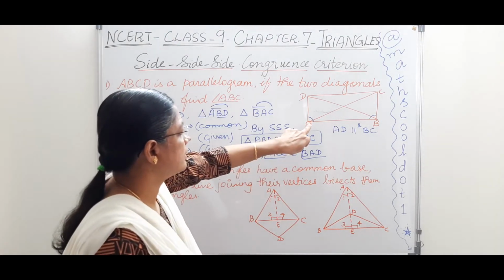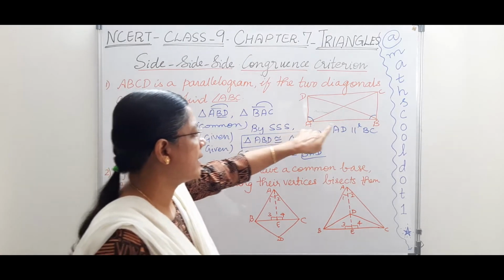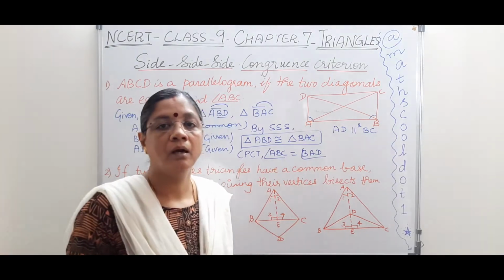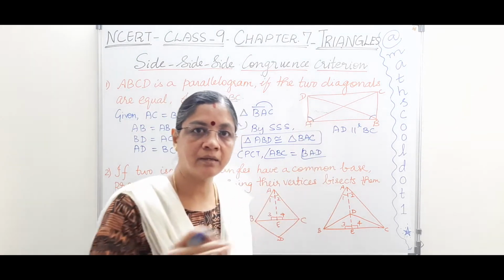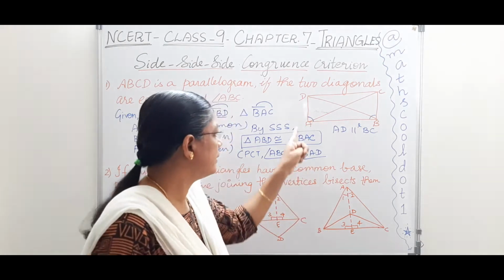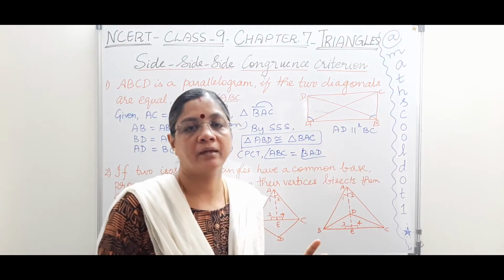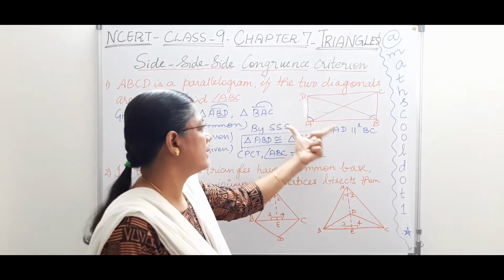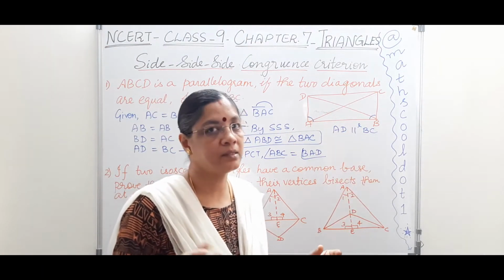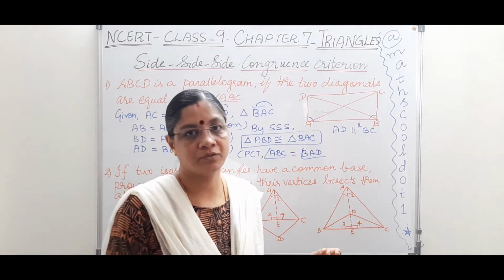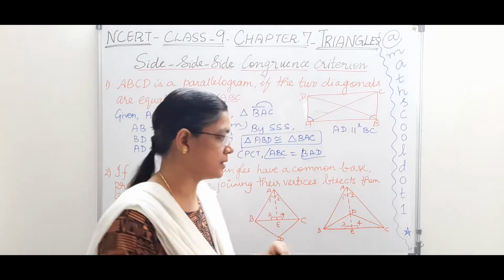So here the angle BAD, that is this angle A, and angle ABC, this angle B, how are they related? There are two parallel lines and the transversal is here, and one angle is on this side and one angle on this side, that is, they form the adjacent angles. The adjacent angles formed because of the transversal and two parallel lines are always supplementary, or the sum of those two angles will give you 180 degrees, right?